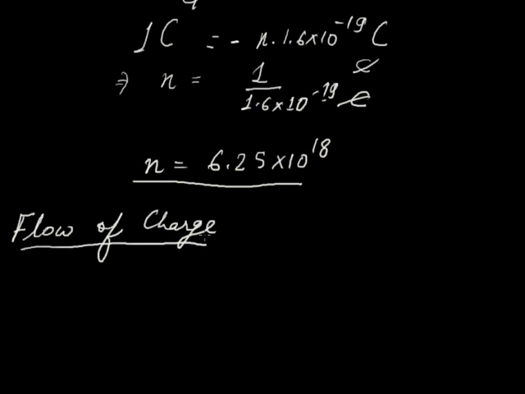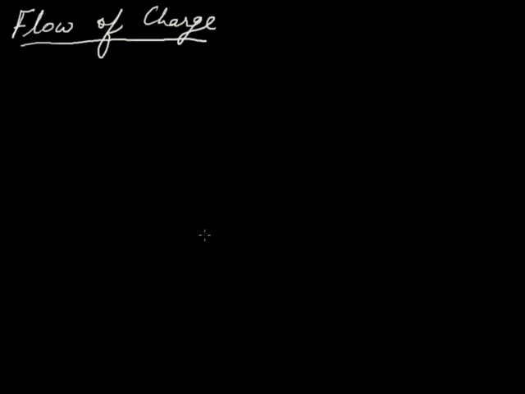One more thing we should discuss here is the flow of charge. The flow of charge takes place only when there is contact between two separated charges through a conducting medium. Here we have body A, and here we have body B. A and B have two metallic spheres, or we can say insulated ones also, placed on insulated stands.